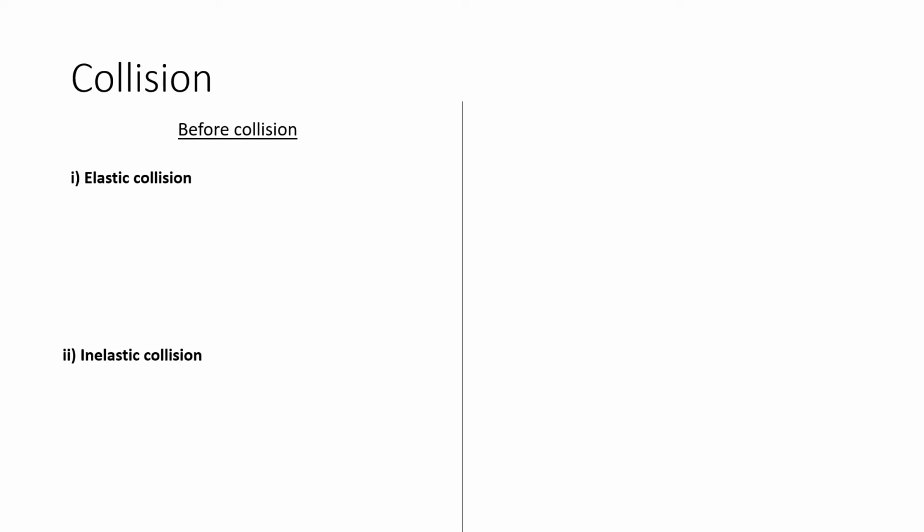For collision, there are two types, which are elastic collision and inelastic collision. In order for you to understand the situation of each collision, I will divide the situation into two parts, which are before collision and after collision.